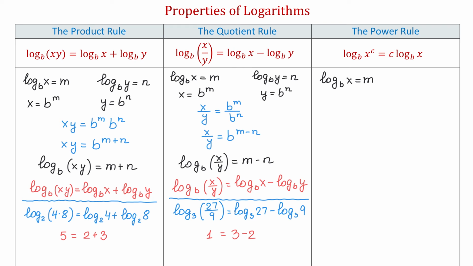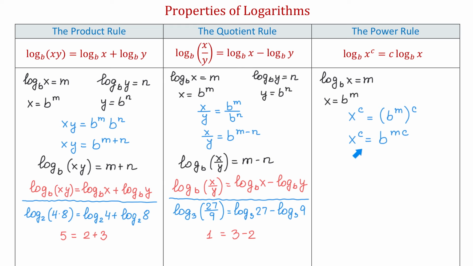Then the exponential form is x equals b to the power of m. And now let's raise x to the power of c. Then let's replace x with b to the power of m, and all this will be raised to the power of c. Now, according to the power rule of exponents, these two exponents will be multiplied. Then we will have that x to the power of c equals b to the power of mc.